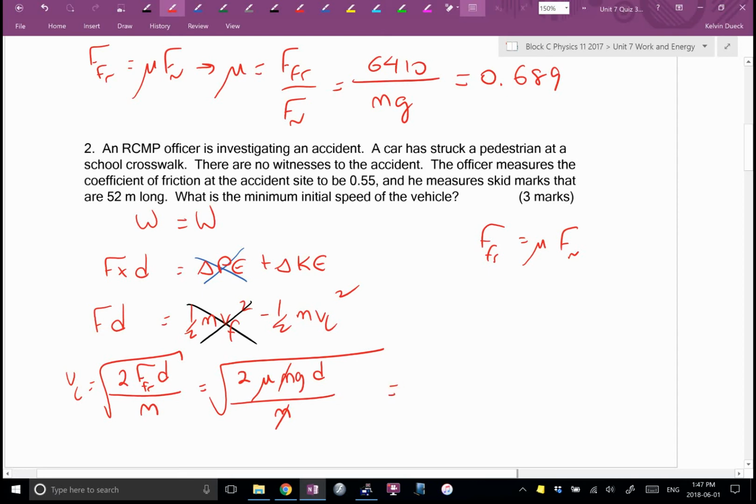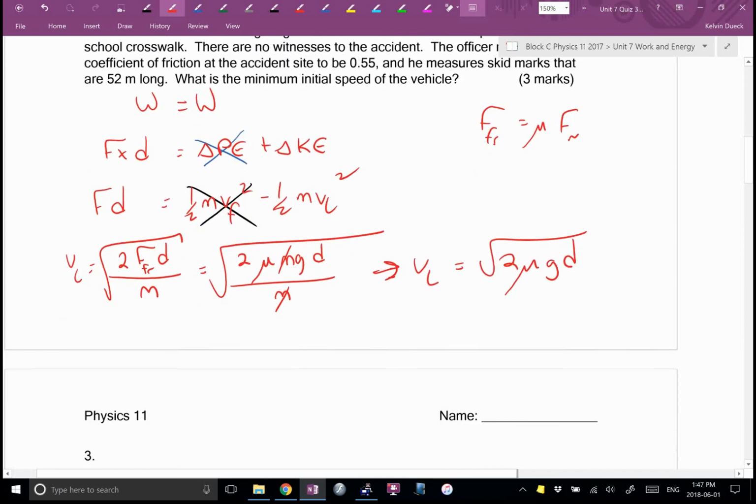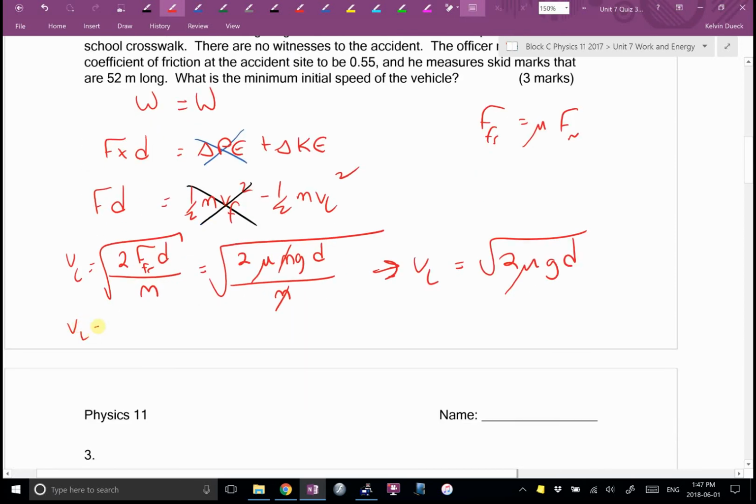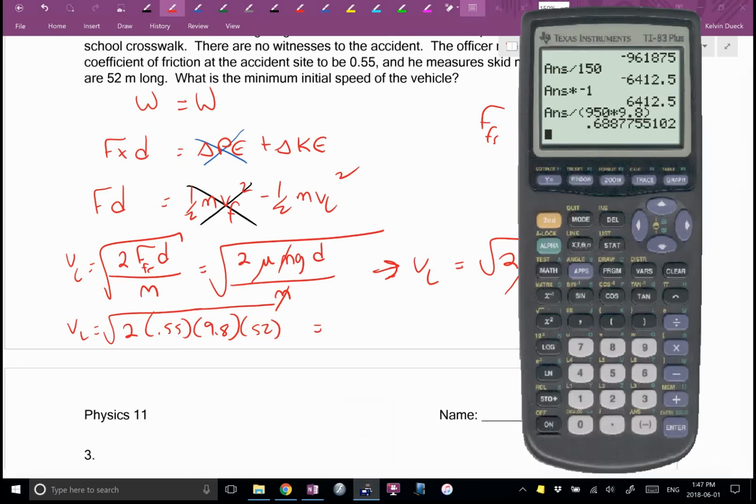Here's what I get. This is what we got in our homework. We ended up with v initial equaling the square root of 2 mu g d. So let's find out what we get. It's going to be the square root of 2 times mu, 0.55, g, 9.8, d, 52. 2 times 0.55 times 9.8 times 52.